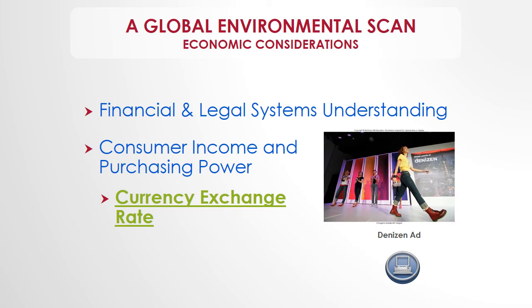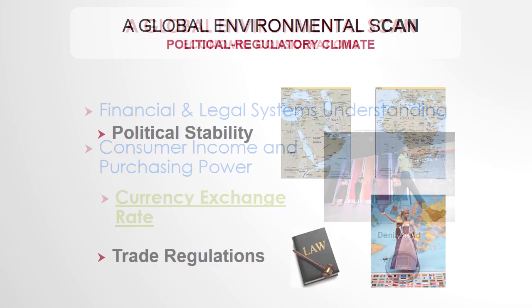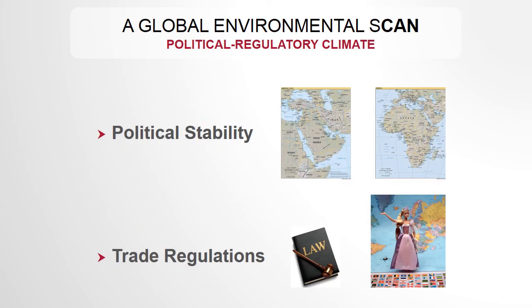Next, we need to consider the financial and legal systems and understand how that might work. And of course, once again, the currency exchange rate. This is an economic consideration that needs to be considered, and we have a little click through here that you can see an example of that. All right, and then the last factor for the environmental scan is the political regulatory climate.